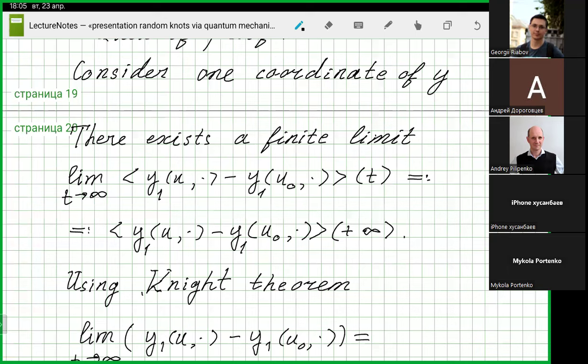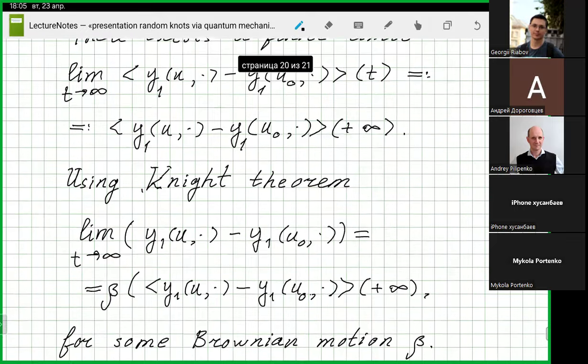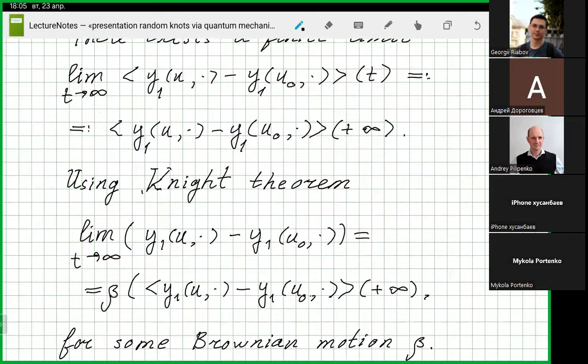The difference is a continuous martingale, one-dimensional. So we can apply Knight's theorem and say that it is a Brownian motion time-changed by its characteristic, but the characteristic is finite. Here must be another bracket. Okay, so then we have a limit.